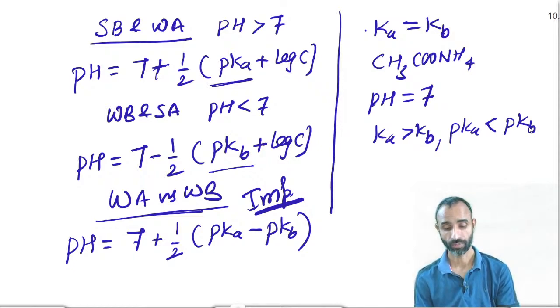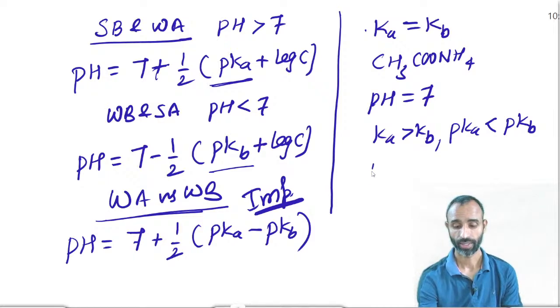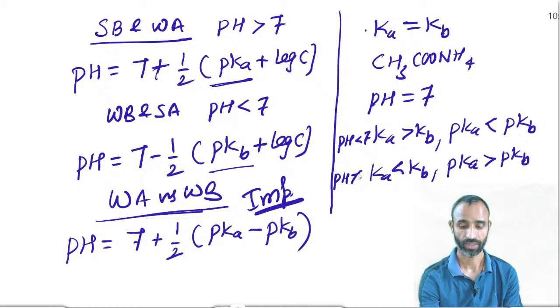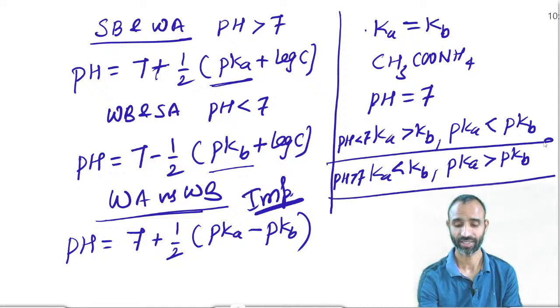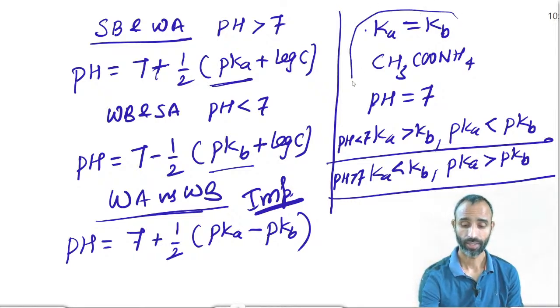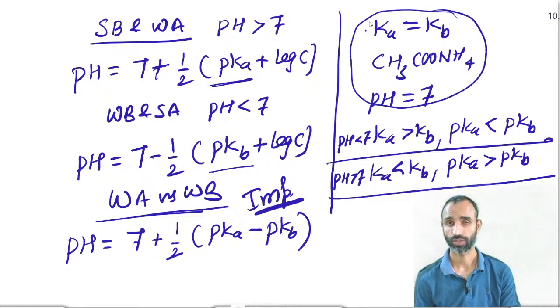If Ka is less than Kb, meaning pKa is greater than pKb, then pH is slightly greater than 7, nearly neutral. But if Ka equals Kb, then it is 7.